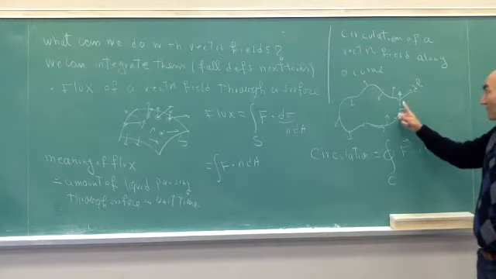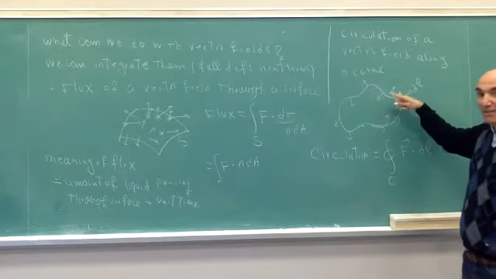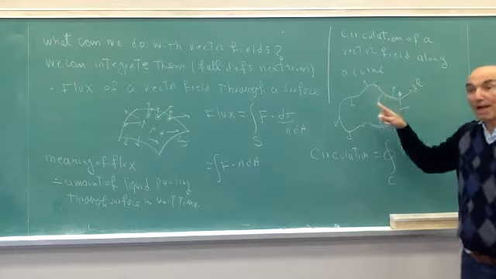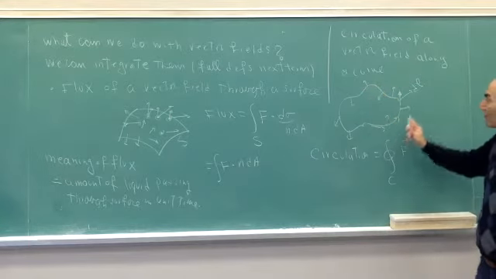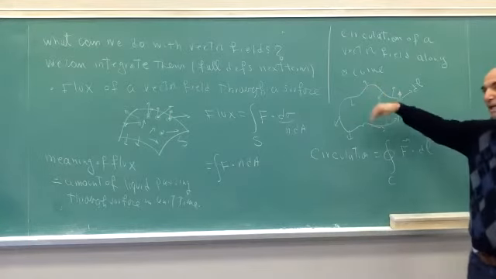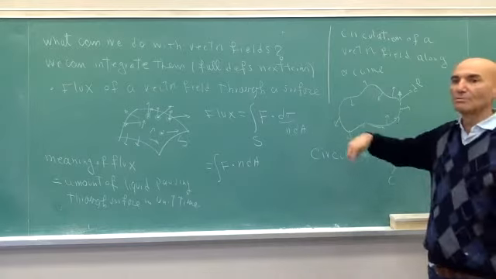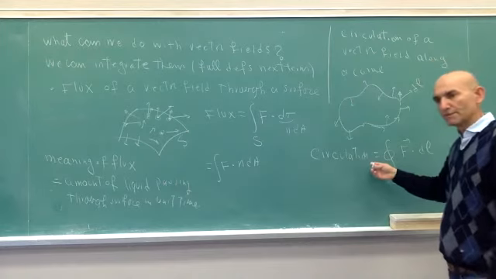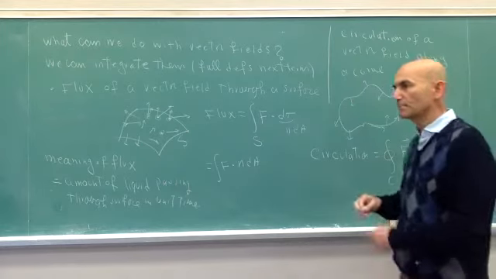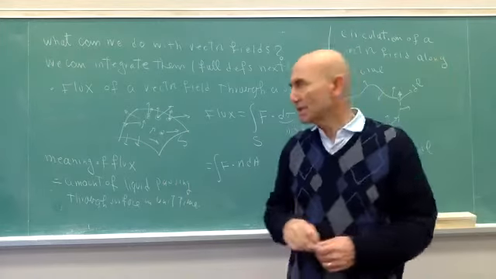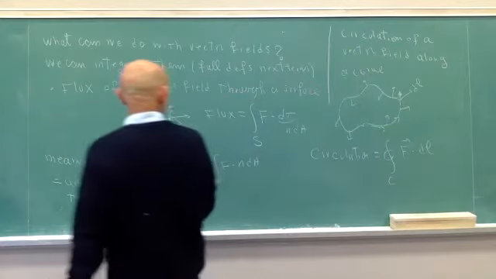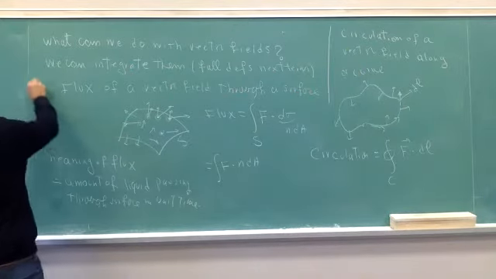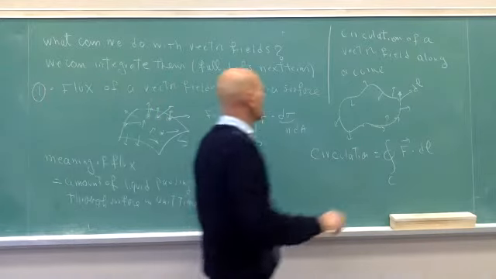But if your vector field is tangent to the curve at each point, you get the maximum amount of circulation. The vector field really has some net rotation around the curve. So circulation also makes sense. This is our second operation, and this was the first one.